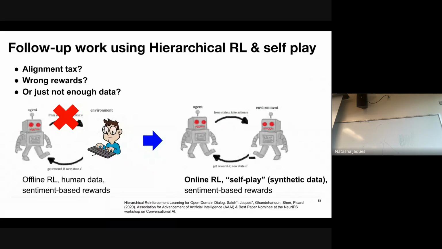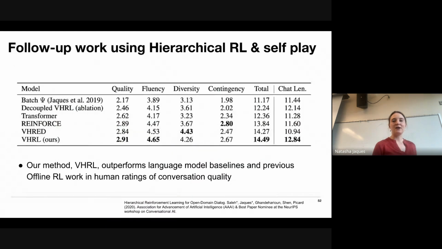Then we compute whether you elicited positive sentiment from an LLM simulating the human user. So kind of a self-play approach. And then we use PPO and online RL. It turns out that that works really well. So I think these kinds of implicit cue-based rewards could actually work, and I'm really excited about it. But I think the offline approach we were using doesn't work.